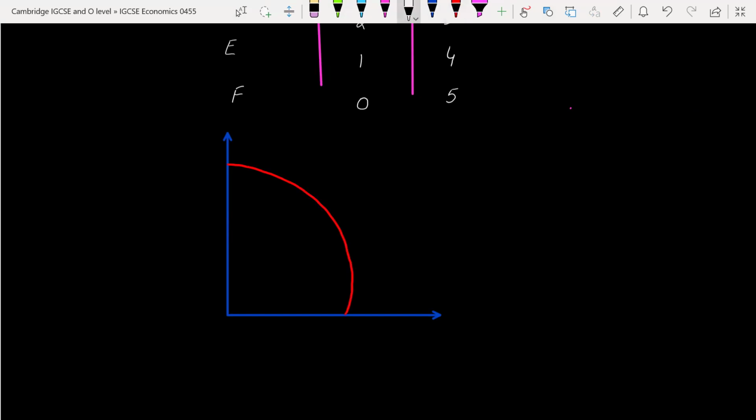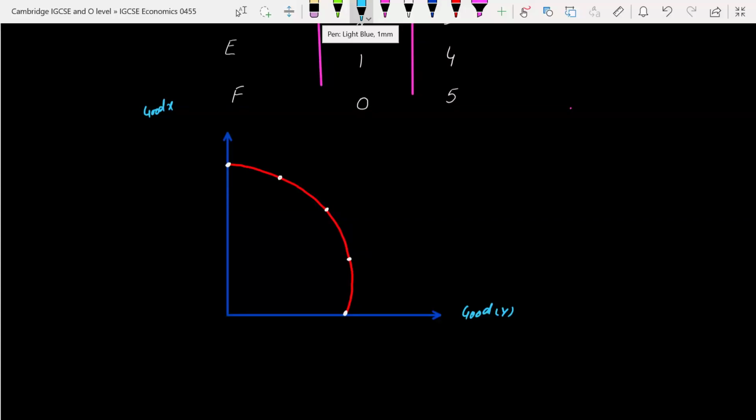And later on, I will explain how the examiner will ask questions. Here will be the points. On the x-axis, I will keep my goods Y here, and on the y-axis, I will keep goods X. Okay, these are the combinations.